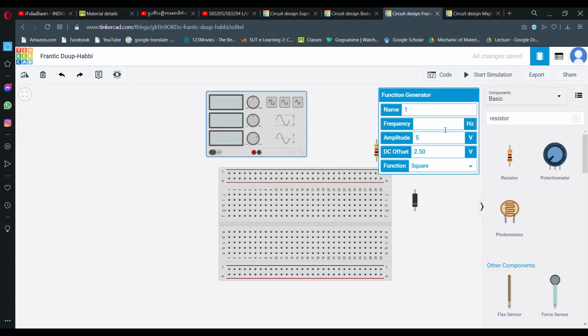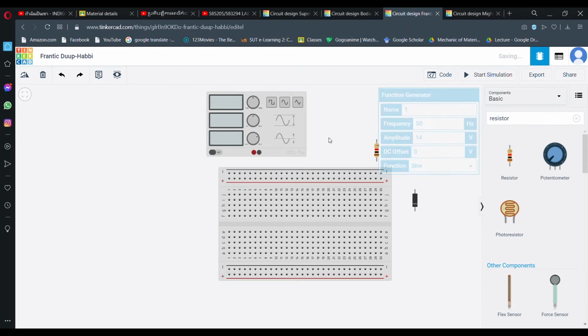Let's apply 15, 14, and there's no offset. The resistor is 1 kilo ohm, and I'm going to connect it like this.